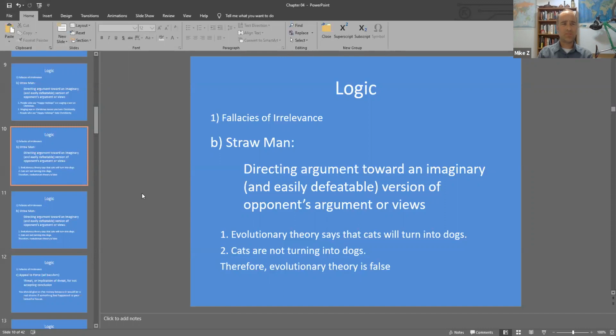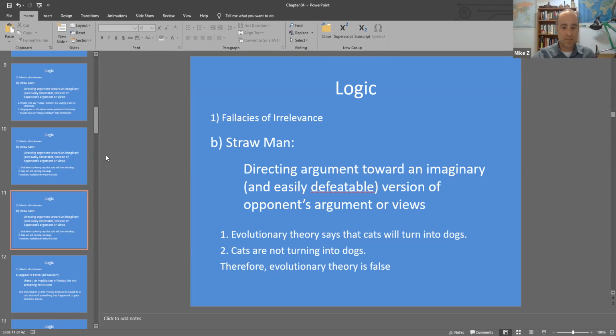Well, that's a silly version of evolutionary theory. Evolutionary theory does not say that cats will turn into dogs. It doesn't say that a currently existing species will turn into another currently existing species. That's not what it says at all. So if that's what you're arguing against, it's a theory that nobody believes in, and you're just wasting your time.